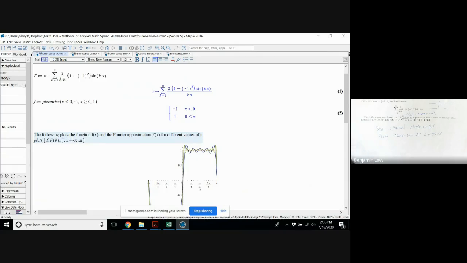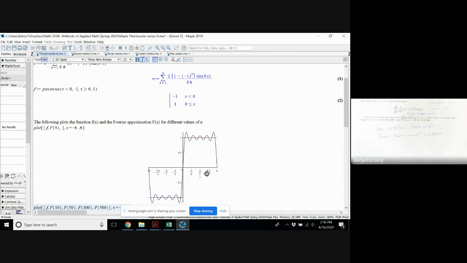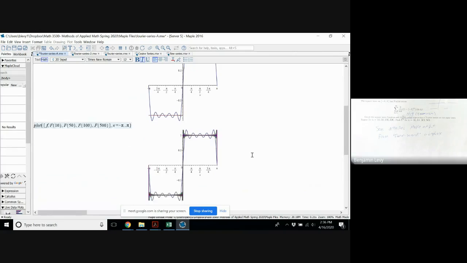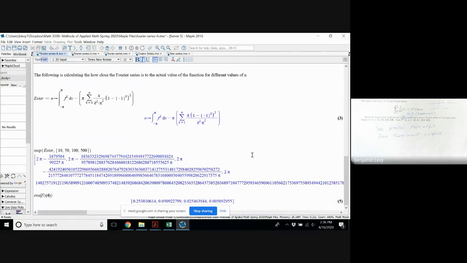I'm going to delete the other ones and see if we can do that real quick. That's just the 9th order approximation. You can see it follows the general shape, but it's obviously not very good. Going to the bottom, we want to calculate the actual E star.